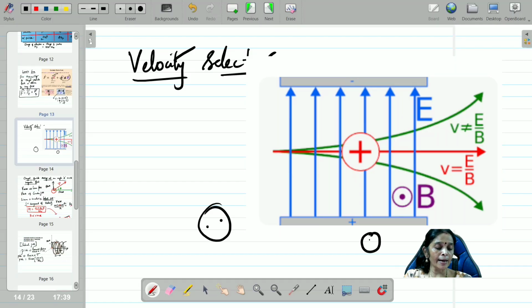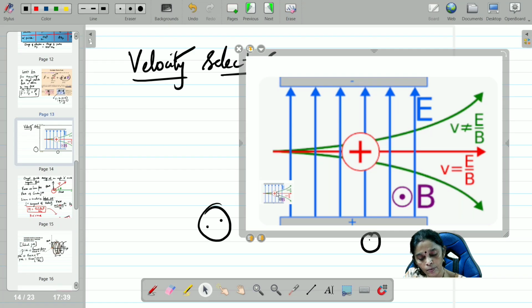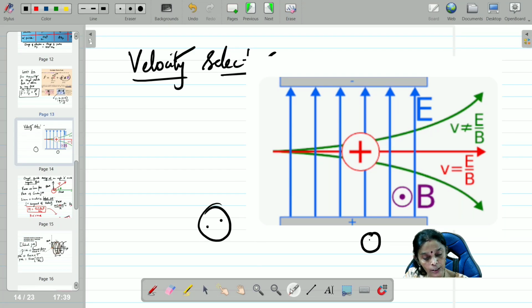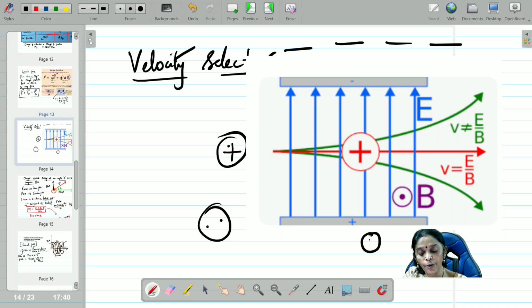If the magnetic field is acting outwards here, electric field is acting upwards. Force due to electric field, this positively charged particle is there, right? The positively charged particle, where does it go? That means the positively charged particle deflects towards the negative charge, like that.